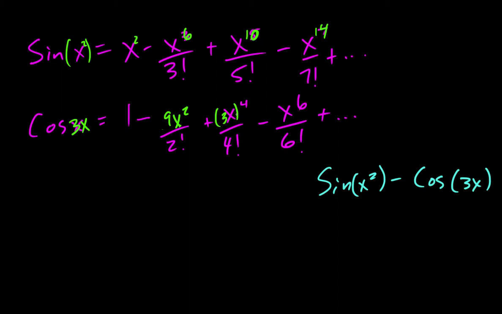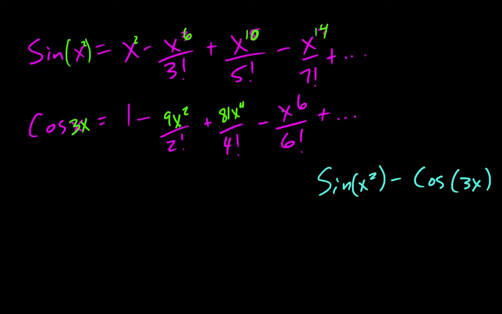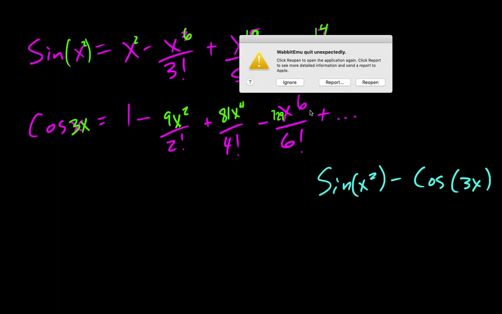And 3 to the 4th is 81 x to the 4th. And then 3 to the 6th power. I'm going to use a calculator for that. 3 to the 6th, 729. So we did 3x to the 6th, and it turned out like that.